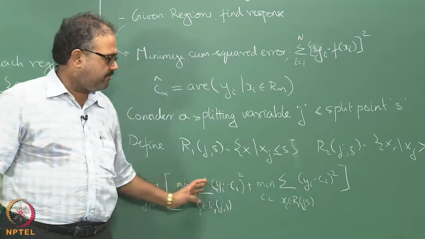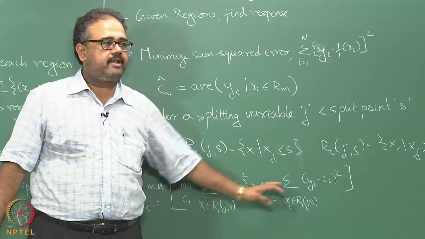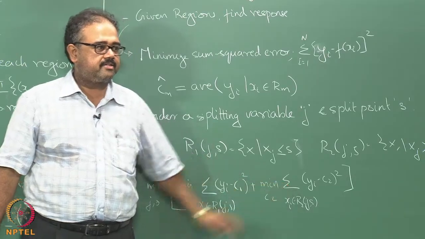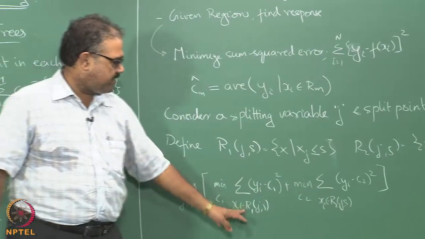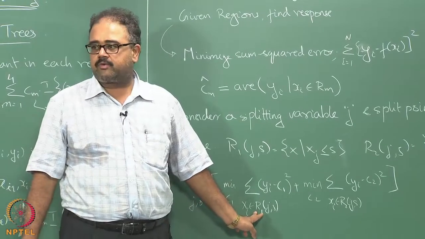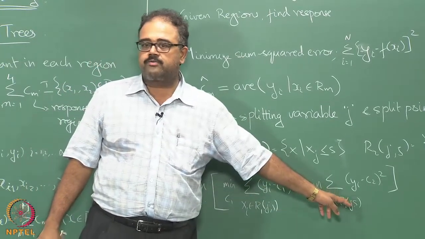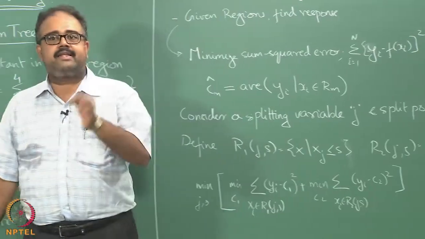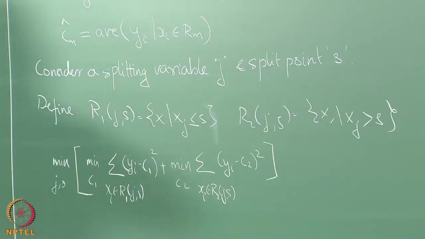So the sum of the squared errors over the two regions is minimized. The j and s influence which data point goes to R1 and which goes to R2. Once I decide which points go to R1 and R2, I have a fixed optimization problem that I solve, which is one we already solved.